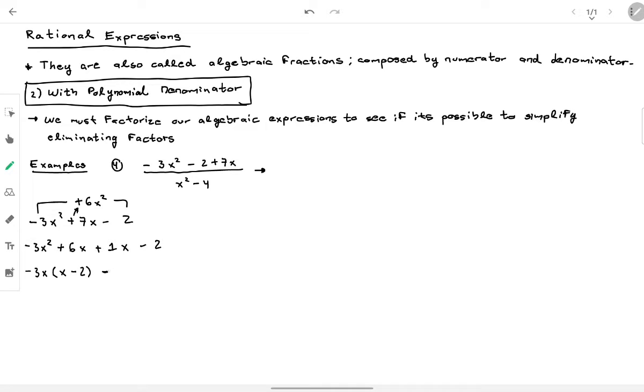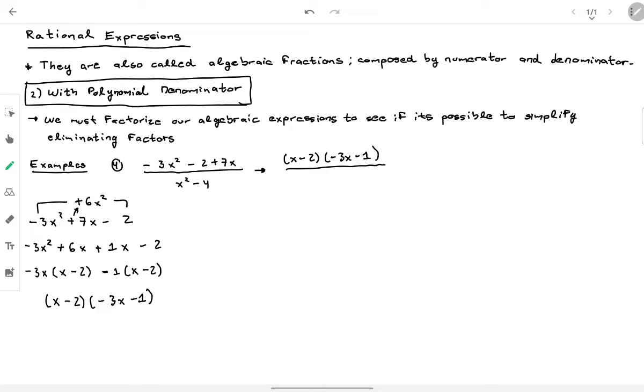So we can take out a minus 1 here, and it's going to be x minus 2. So it's going to be x minus 2 that multiplies minus 3x minus 1. So on the numerator, it's going to be x minus 2 times minus 3x minus 1.